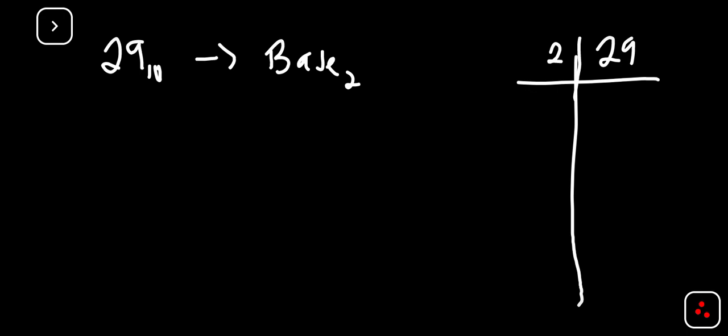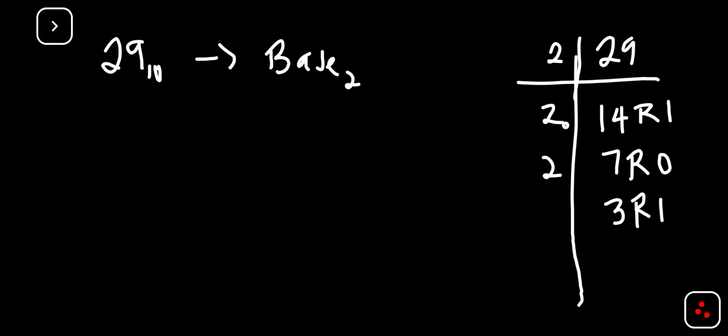So 2 divide 29 is going to give you 14 remainder 1, right? 2 divide 14 is going to give you 7 remainder 0, so there's no remainder there. And 2 divide 7 is going to give you 3 remainder 1. 2 divide 3 is going to give you 1 remainder 1. And we can say again 2 divide 1 is nothing, remainder 1.